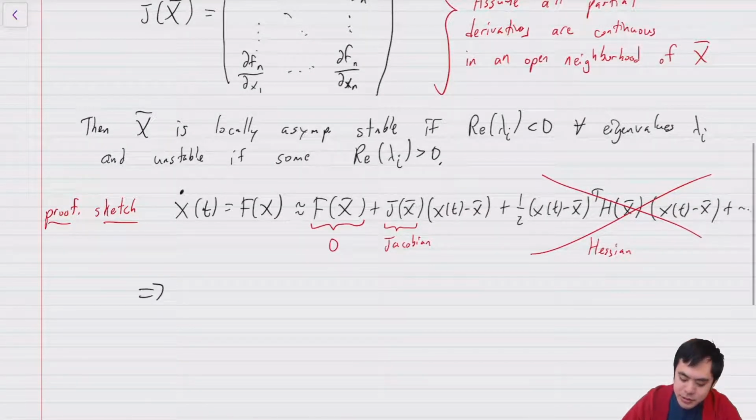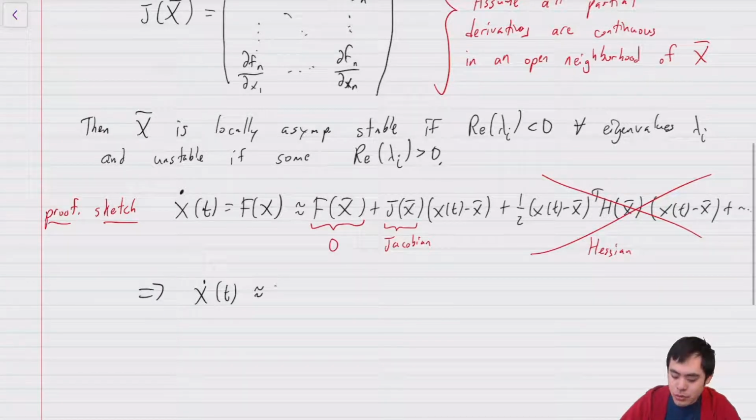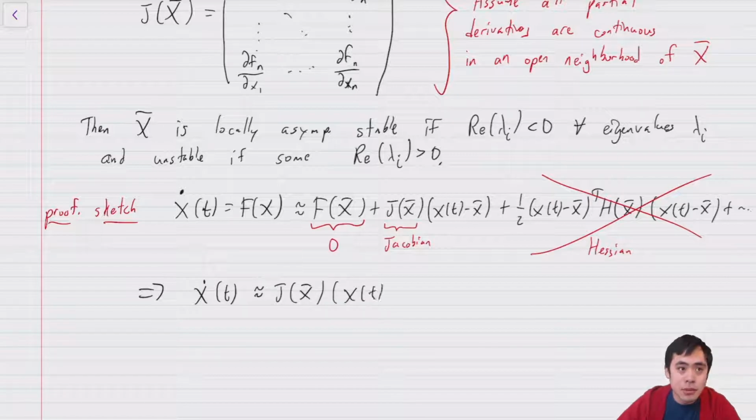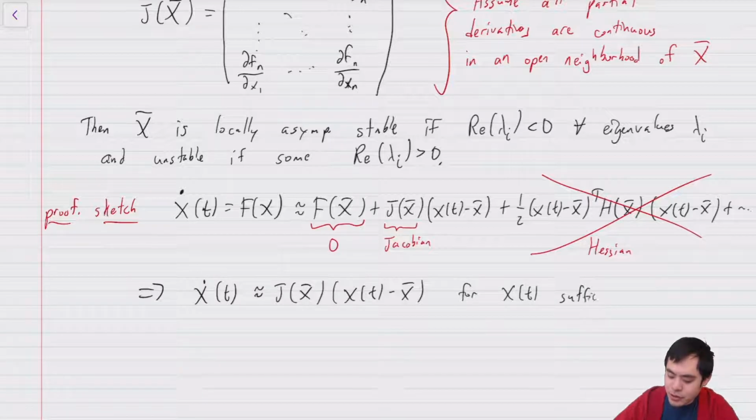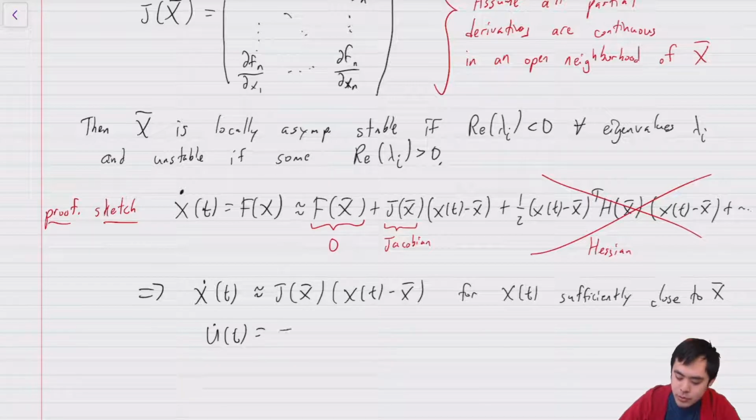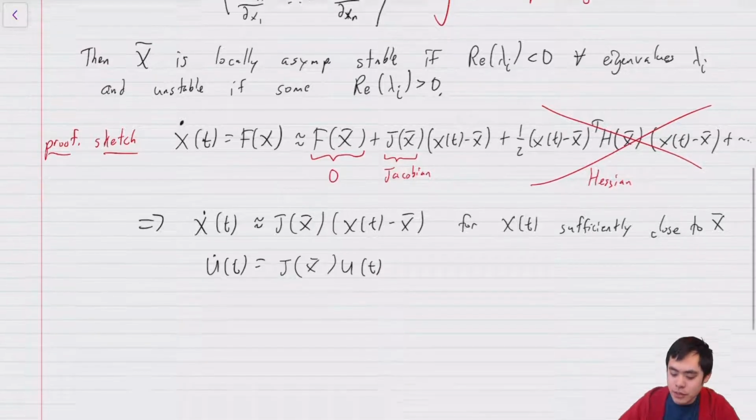And so this implies that x dot of t is approximately equal to the Jacobian matrix times x of t minus x bar, for x of t sufficiently close to x bar. And u dot of t is going to be equal to J of x bar times u of t, by a change of variables.